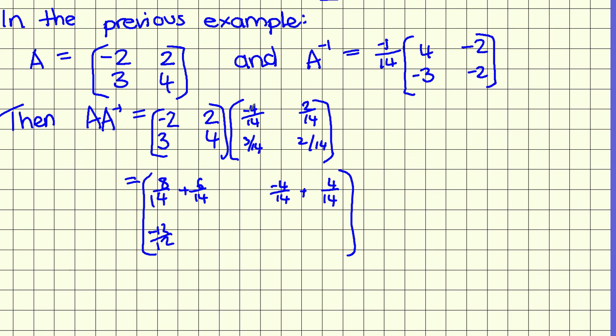This one moves along one, this one moves down, so 4 times 3 over 14 gives you 12 over 14. And then the final one, you've got 3 and then the 2 over 14, so that gives you 6 over 14. This one moves along one, this one moves down, so that's going to give you 8 over 14.